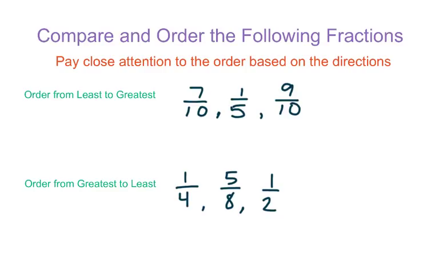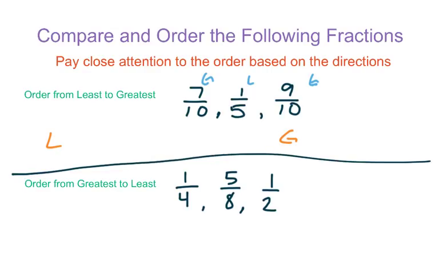The first thing that I would do if I'm ordering these from least to greatest is compare them to a half. 7/10 is greater than a half, 1/5 is less than a half, and 9/10 is greater than a half. So I already have some information that's going to help me out here. I'm also going to label least to greatest so that I remember that for this set of fractions I'm ordering from least to greatest. That way I don't make any mistakes. My smallest fraction is 1/5.